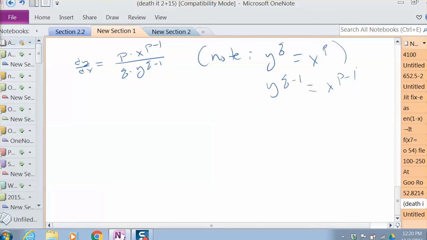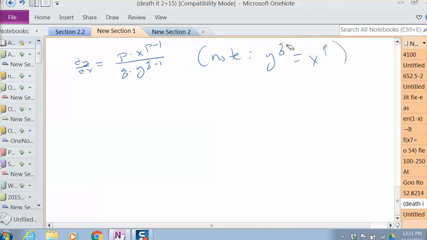Is that correct? Hold on a sec. Actually, this is what I'm going to do instead. Again, we know that y to the q equals x to the p.